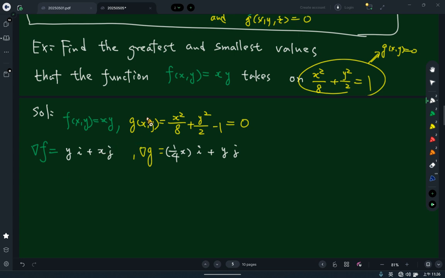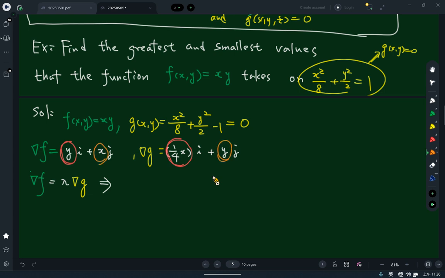So as requested, gradient f must equal lambda times gradient g, so that we can get, here, this is x part, this is x part, this is y part, right?